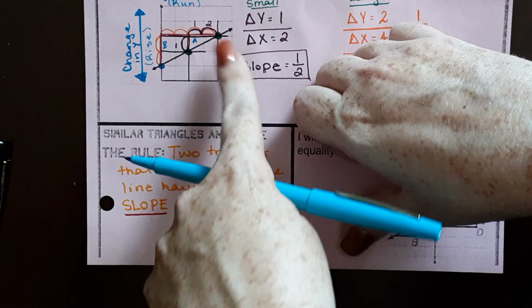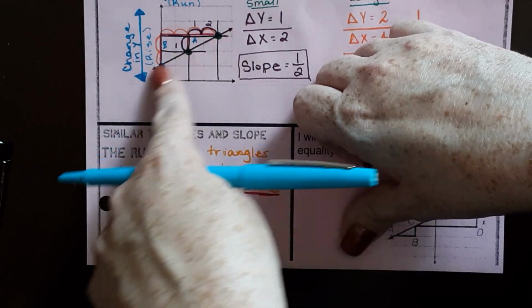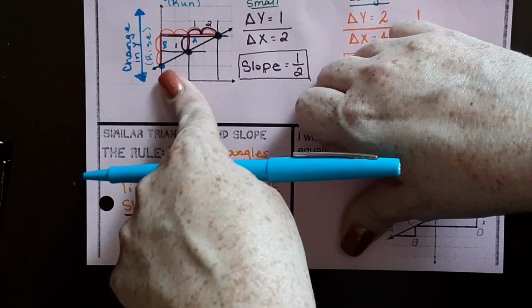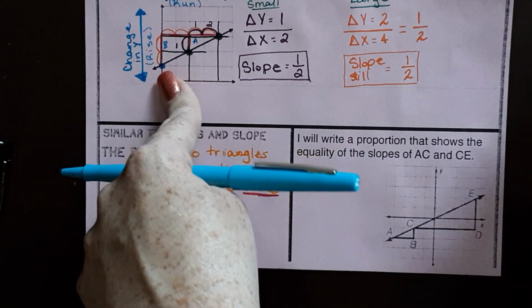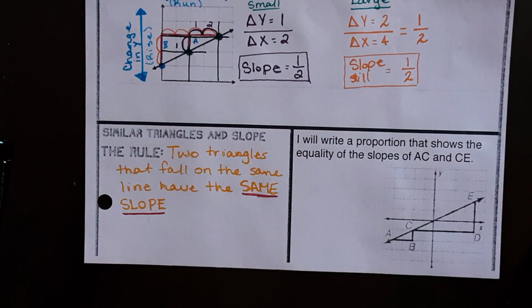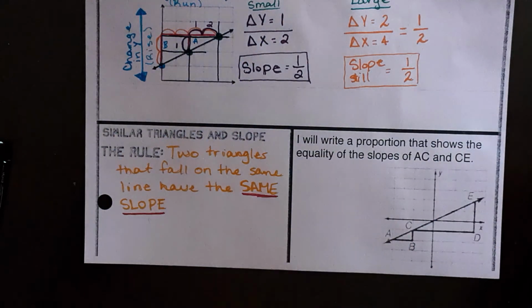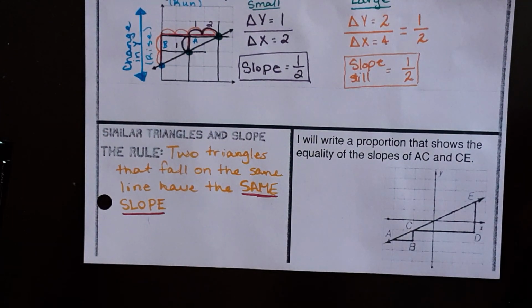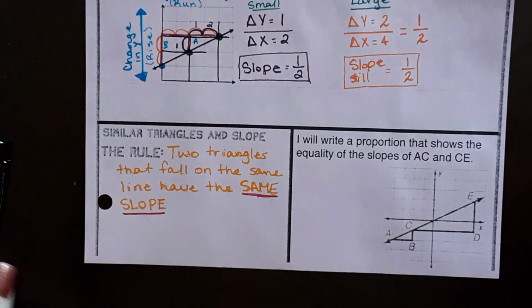Because these 2 triangles fall on this same line on the graph, they have the same slope. It will always be true. If 2 triangles fall on the same line, they have the same slope. I've said it 6,000 times because it's really important for you to remember the rule of similar triangles and slope.